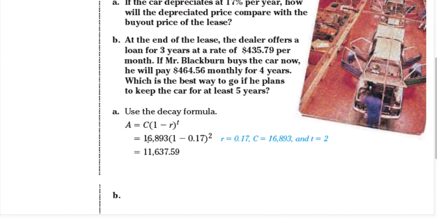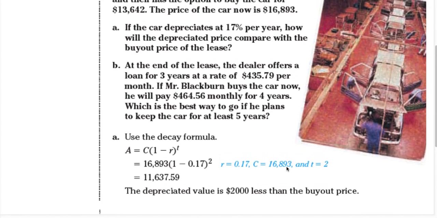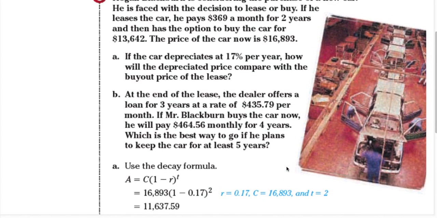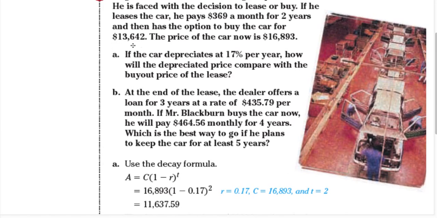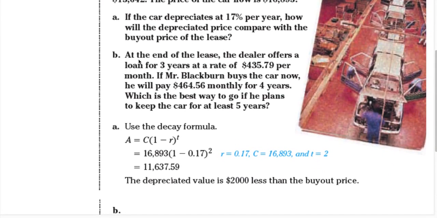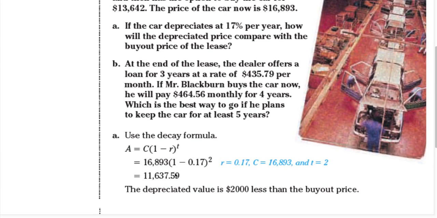Okay, so the depreciated value is 2,000 less than the buyout price. Remember, the buyout price is, where's my buyout price? Okay, here you go. This is your buyout price, 13,642. And the depreciated value is 11,637.59. What does that mean? It simply means this, that after 2 years, the value of the car is 11,637.59.